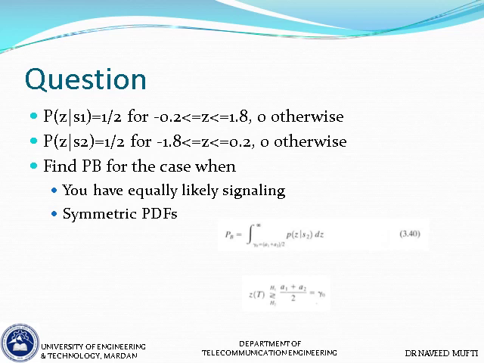For example, you were given the values of A1 and A2 as 1 and -1. So let's say these are the values of A1 and A2. This will be A2 and this value here will be A1. Okay, so you have this information.